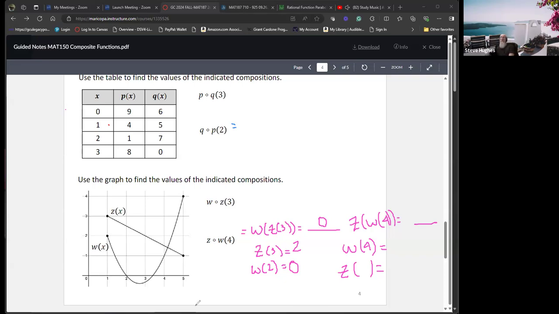All right, let's look at the graph. There's 4. There's my graph of the parabola. Is W that parabola? It's right there, which is 100% correct.